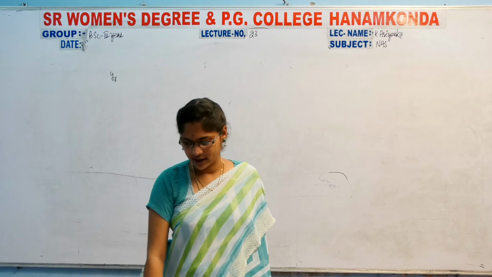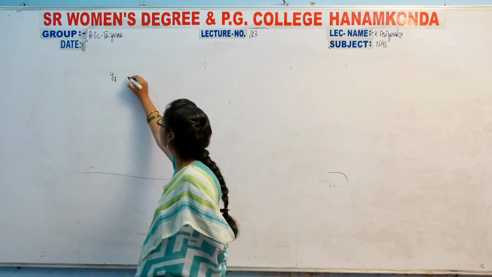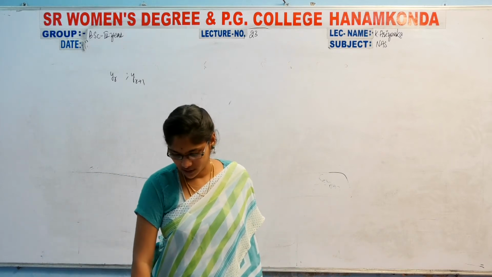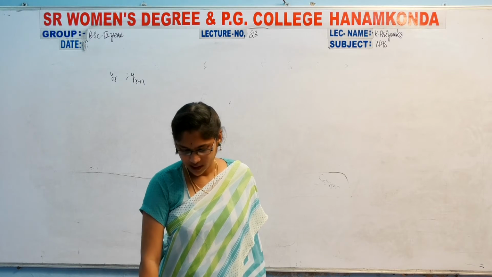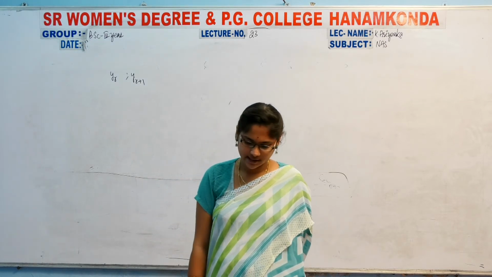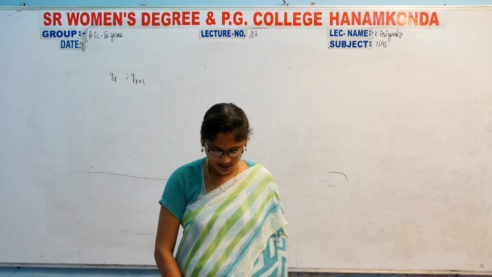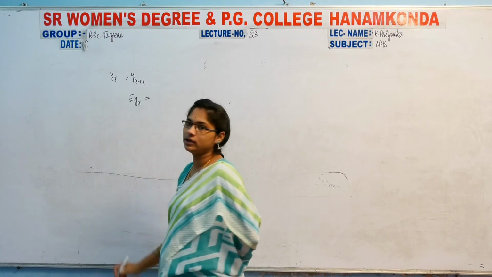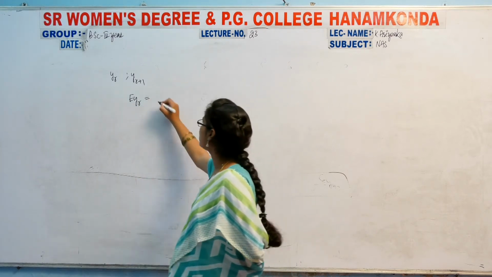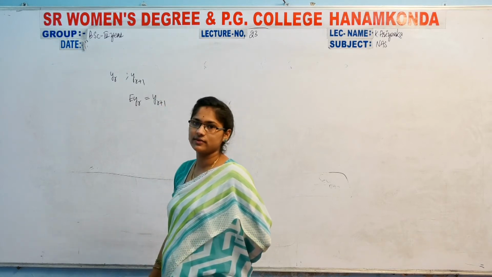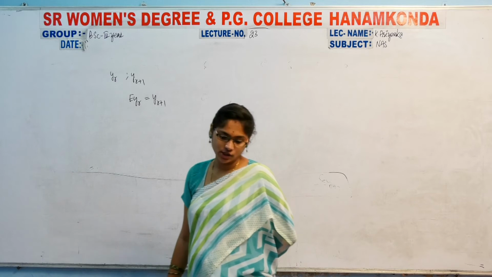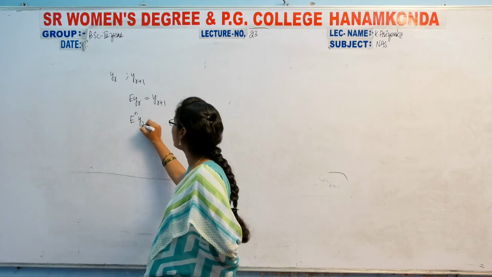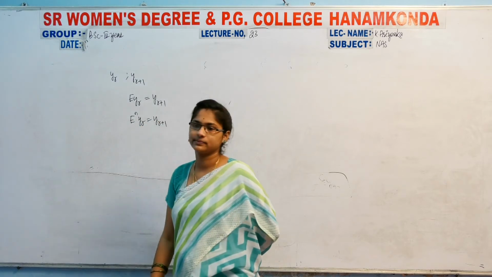to the next higher value yr plus 1, and it is expressed as E yr equal to yr plus 1.